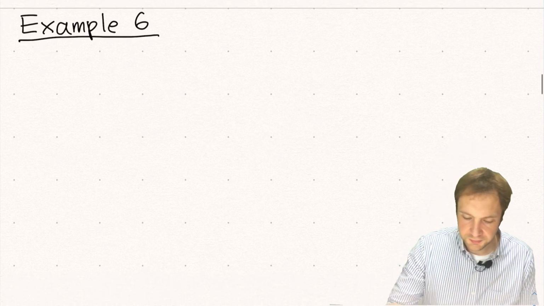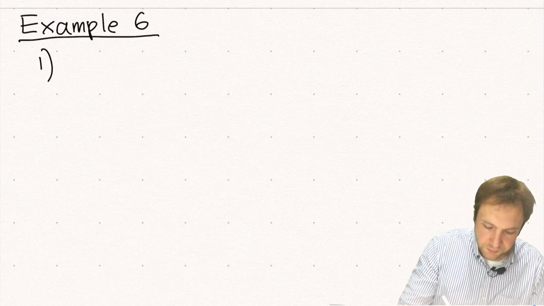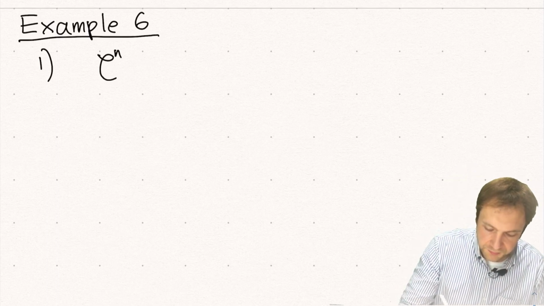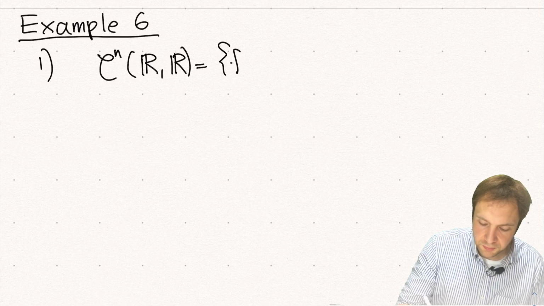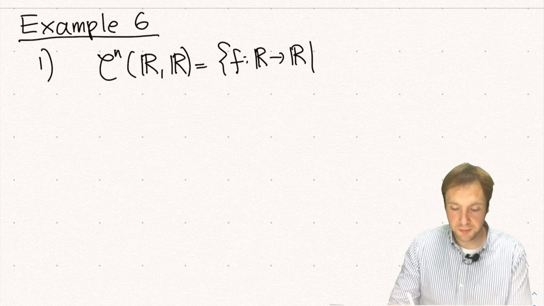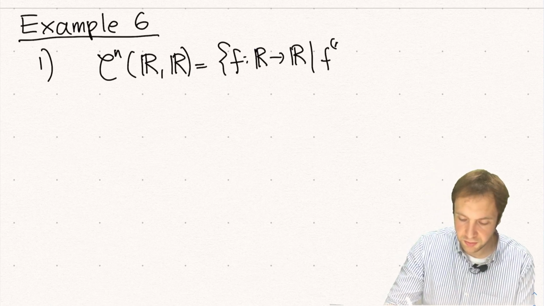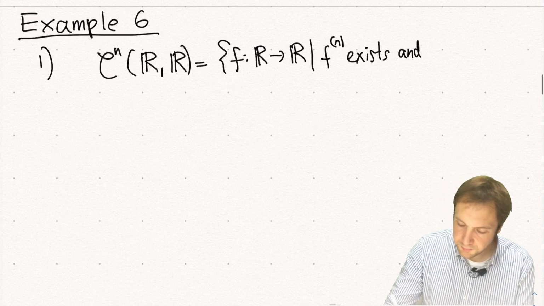So first example, let me introduce this space C^n from R to R. So these are all maps, or all functions, from R to R, such that the nth derivative, which I denote by f^(n), exists, and the nth derivative is continuous.